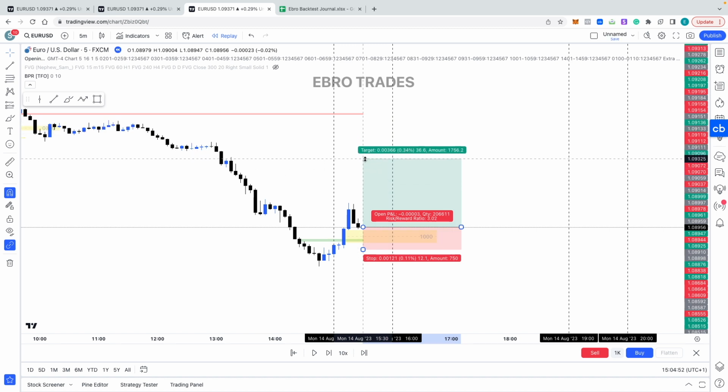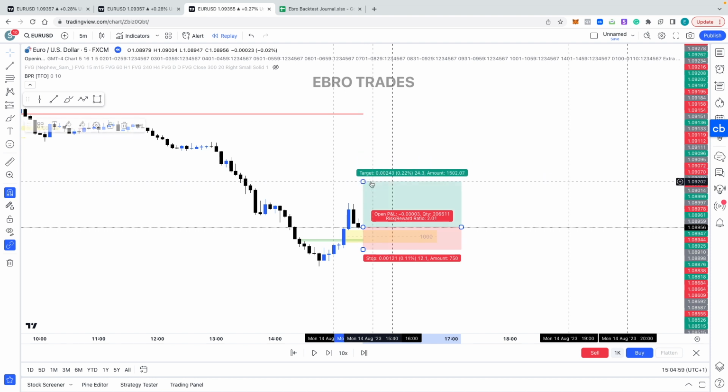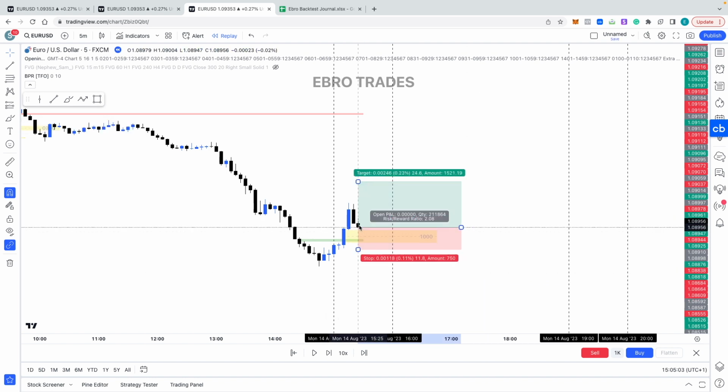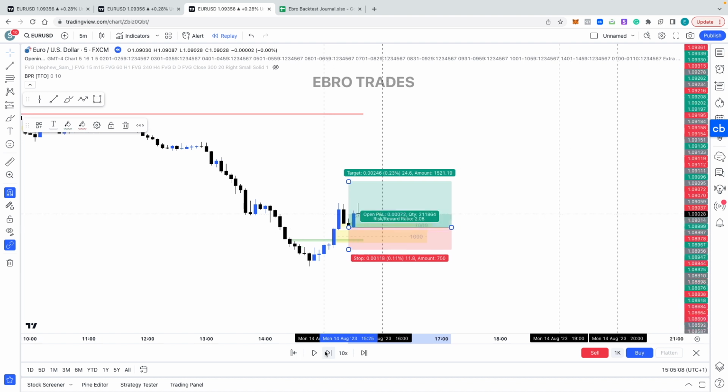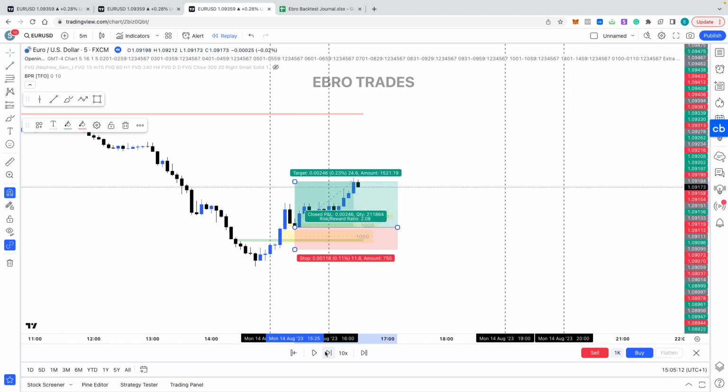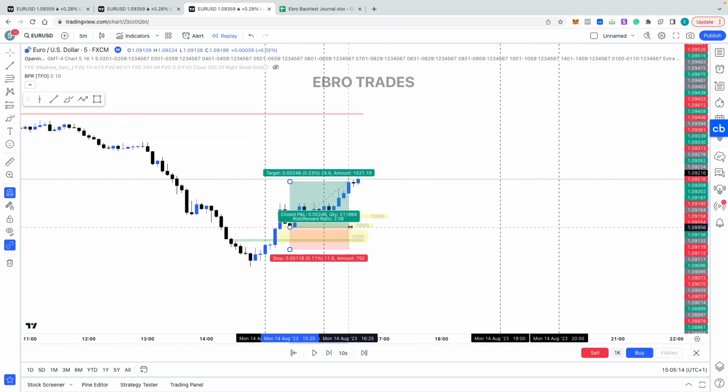And 2-to-1 RR. So our TP just over here. And let's see what happens. We'll bring this over here. Immediately we're tapped into the trade. And bam, take profit hit.